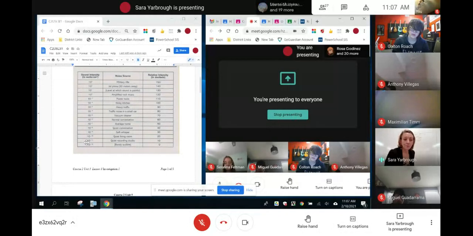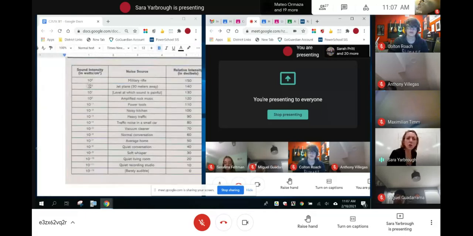These all represent values. 10 cubed, that's 1,000, if you want to put a number to it. And so 1,000 watts per centimeter squared, that's how you measure the intensity of the sound that a military rifle makes. This goes in descending order: 10 squared, 10 to the first, 10 to the 0.